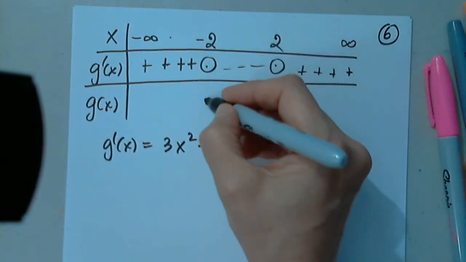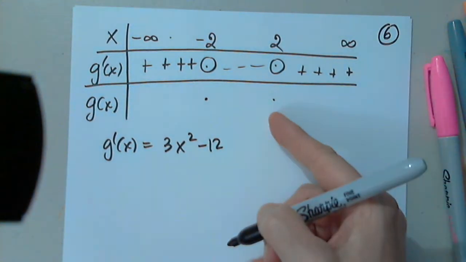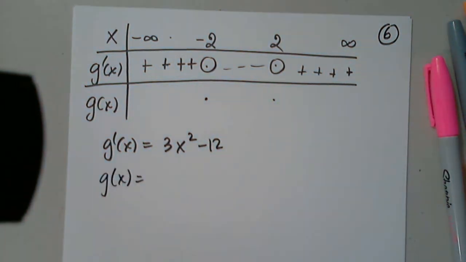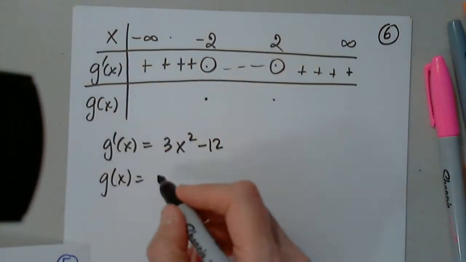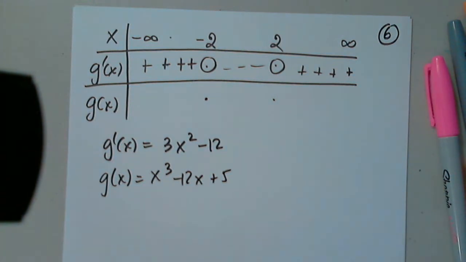We have to find the y value for negative 2, and we have to find the y value for 2. I'm going to copy the function here: x cubed minus 12x plus 5. I'm going to share my screen and put it in the graphing calculator. Of course, you know me, I prefer the y equals.